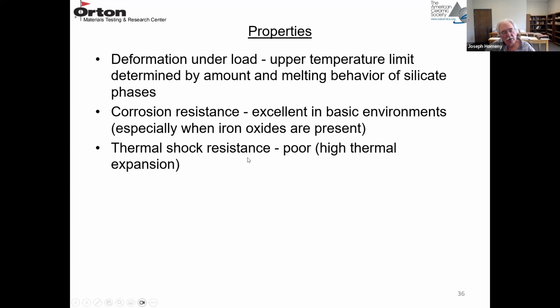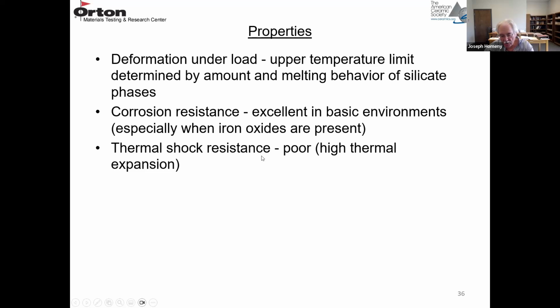But now what they're using is a composite material, and we'll talk about composites later. So you're putting the MgO in a carbon matrix. The carbon is non-wetting and has low thermal expansion. So the corrosion resistance is excellent. The thermal shock resistance is excellent. By simply putting MgO in a carbon matrix, you go from a few hundred heats of steel to 5 or 10,000 heats of steel.